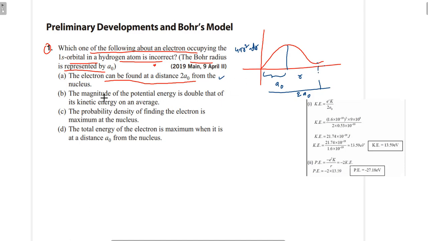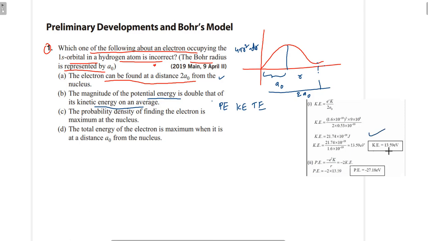The second option: the magnitude of the potential energy is double that of kinetic energy on average. First of all, we have to know the relation between potential energy, kinetic energy and total energy. Now you can see some values are given here.